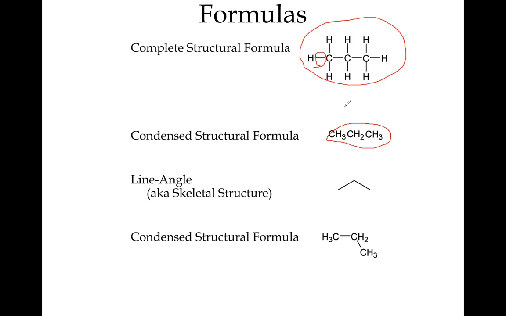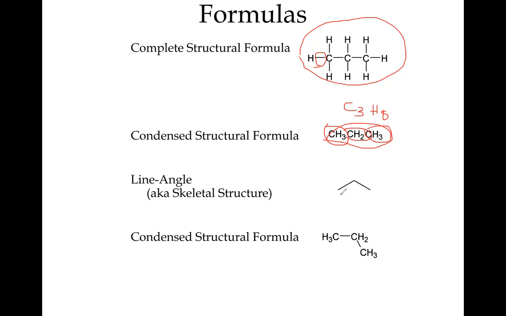You could say this is C3H8, but that doesn't tell you how it's grouped. A condensed structural formula still spaces it out and tells you that you have a methyl group here, a methyl group here, and this CH2 group in the middle.